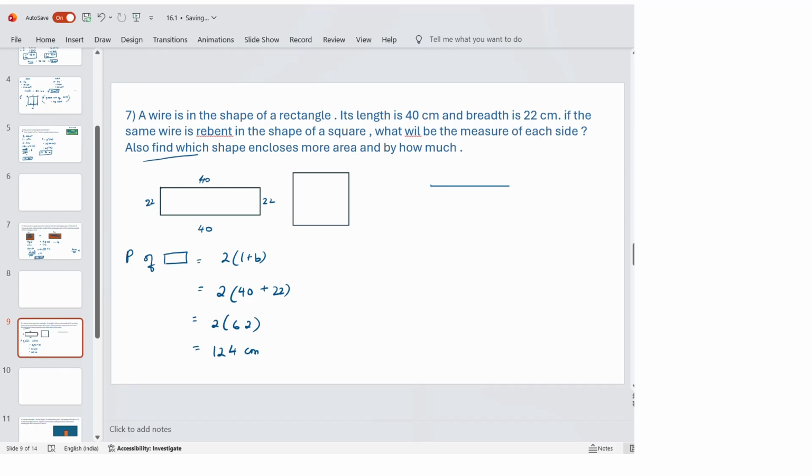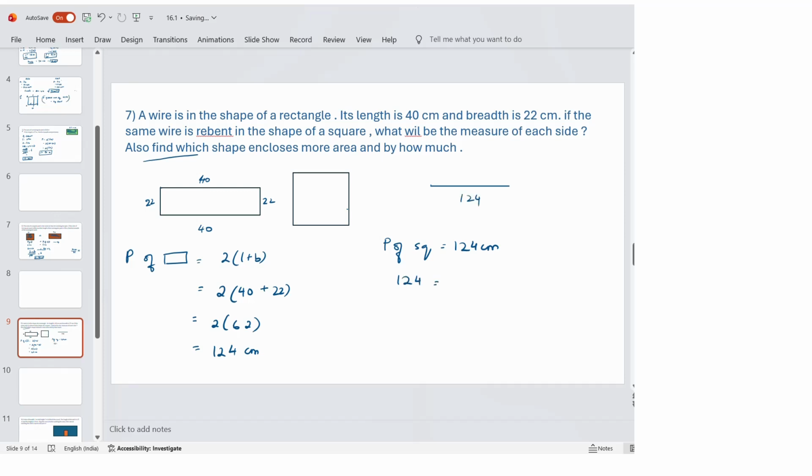Now 124 centimeters is also again this wire is again bent into the square. So there you have it, the perimeter of the square is again going to be 124 centimeters, right? Because it's the same wire you're using, it's 124 centimeters, right?